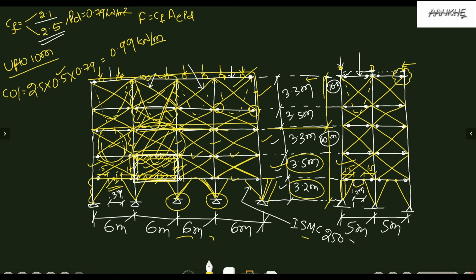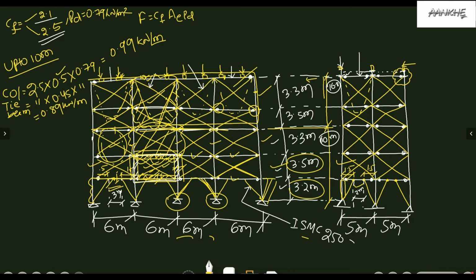Now next comes your tie beam. The same 2.5 will be there, only the depth will be 0.45 and you will be finding a value of 0.888, that means 0.89 kilonewton per meter.